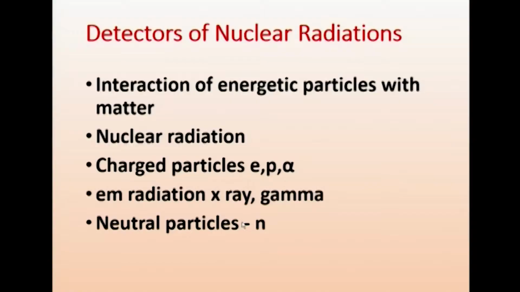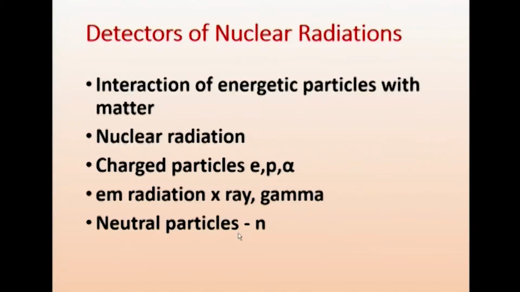Then we have neutral particles like neutron. Neutron is a chargeless particle, it is not a photon, it is chargeless and it has mass. We need a different technique for detecting this, therefore, let us go one by one.